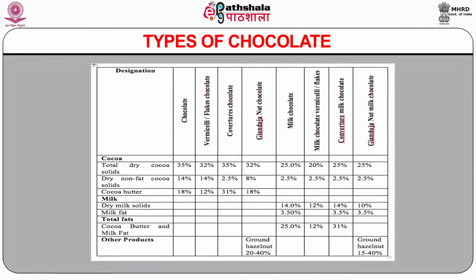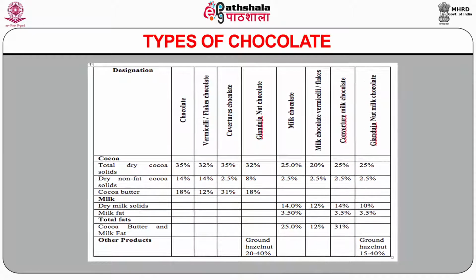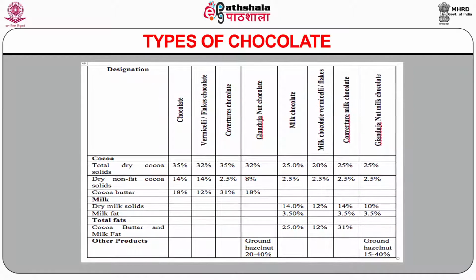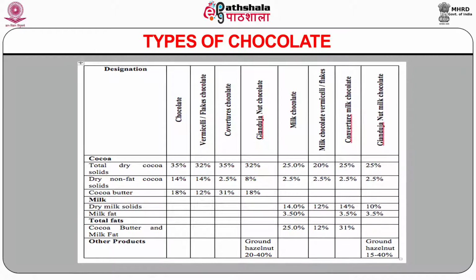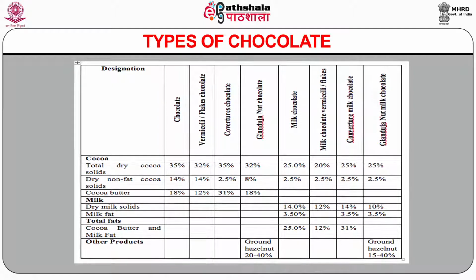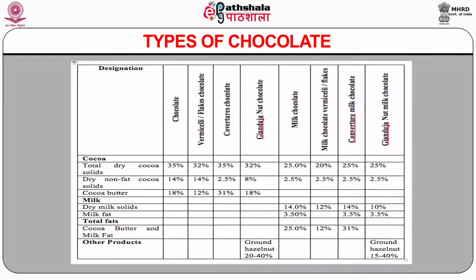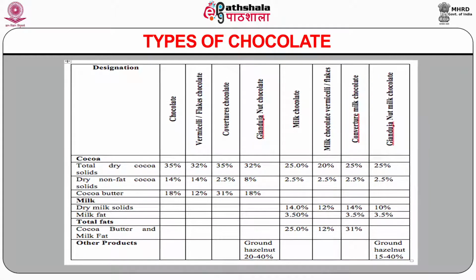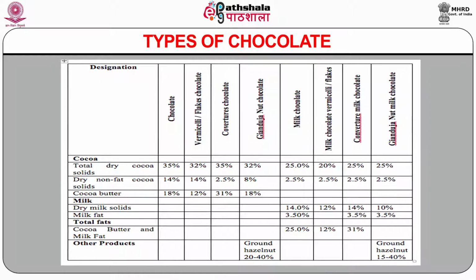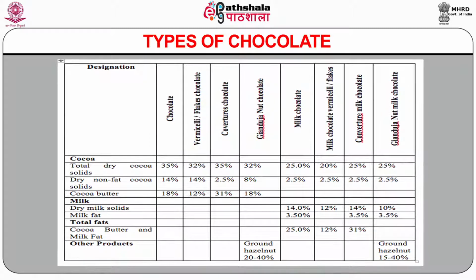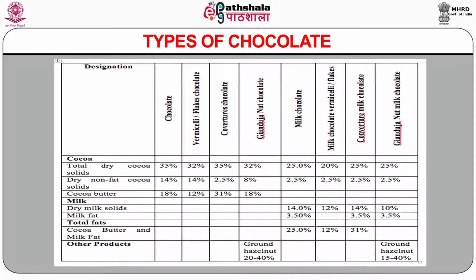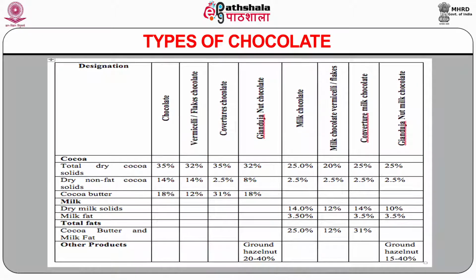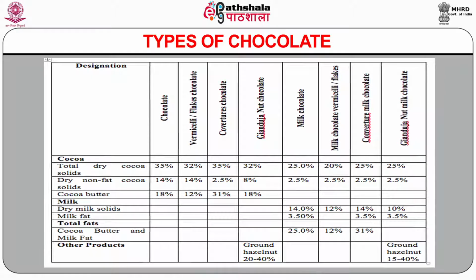Cocoa butter: 18%, 12%, 31%, 18%. Milk, dry milk solids: 14%, 12%, 14%, 10%. Milk fat: 3.5%, 3.5%, 3.5%. Total fats, cocoa butter and milk fat: 25%, 12%, 31%. Other product: ground hazelnut 20 to 40%, ground hazelnut 15 to 40%.